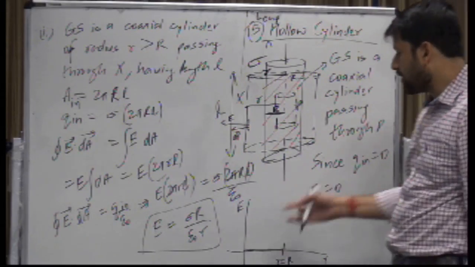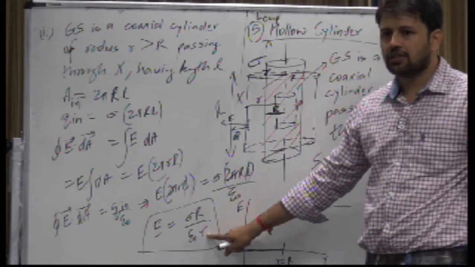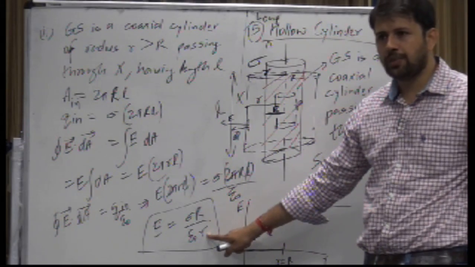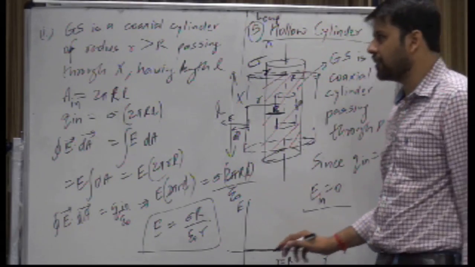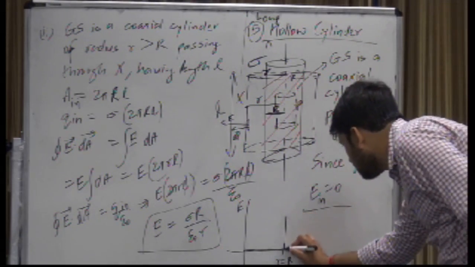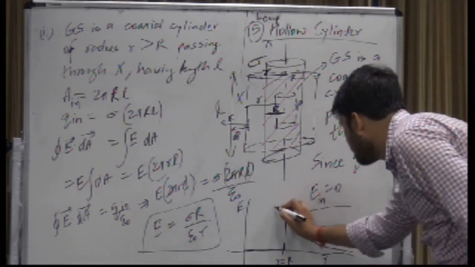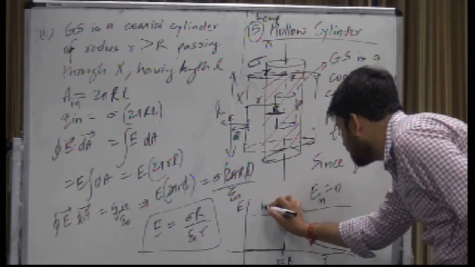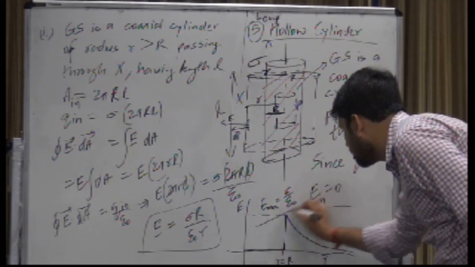So at surface the distance is equal to capital R itself. So at surface the maximum value would be sigma by epsilon naught. Is it okay? At surface the maximum value would be sigma upon epsilon naught. Like this the graph would fall, and this the maximum value is E max is sigma by epsilon naught.